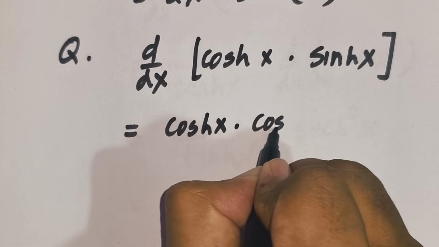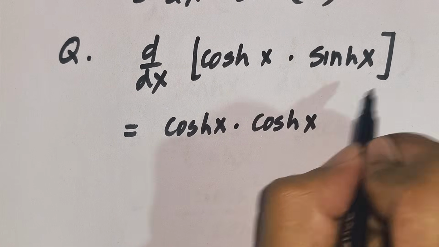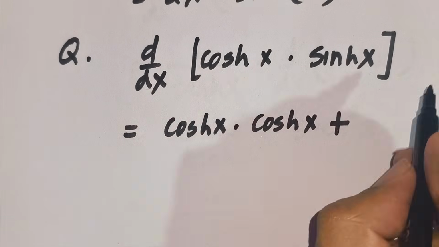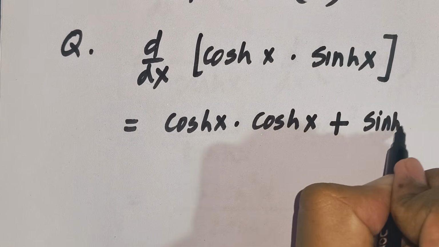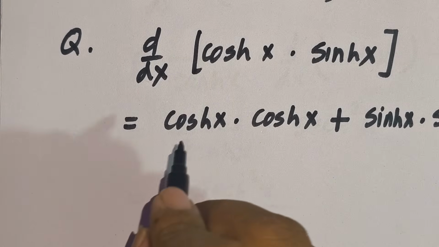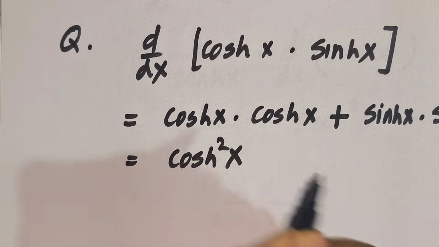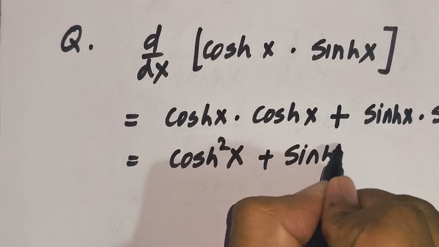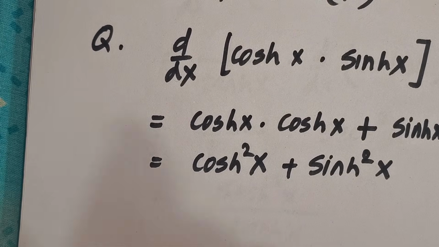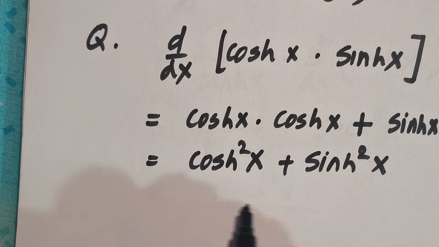Derivative of second is cosine hyperbolic x, derivative of sine is cosine in hyperbolic, then plus derivative of first, which is hyperbolic sine, then keep the second as it is. We are using the product rule. This is hyperbolic cosine square plus hyperbolic sine square. So this is not 1 in hyperbolic. If here it were minus, then we could write it as 1.